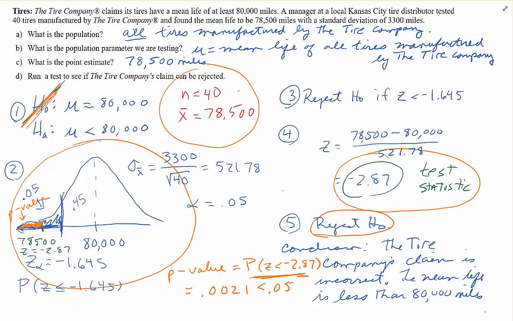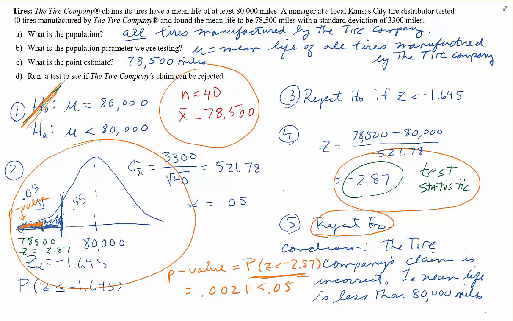That is less than the maximum risk we were allowing ourselves in making a type 1 error of saying that the null hypothesis was wrong and in reality it ended up being correct.